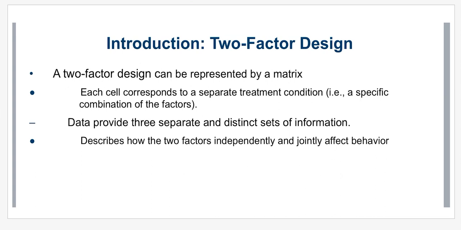So how factor A affects behavior or the dependent variable, how factor B affects. Those two things we're going to learn are called main effects. And then also how they jointly together affect behavior. So that's going to be known as an interaction, which again, we will talk about more in a second. But that's the three sets of information you're going to learn from a simple two-factor design.